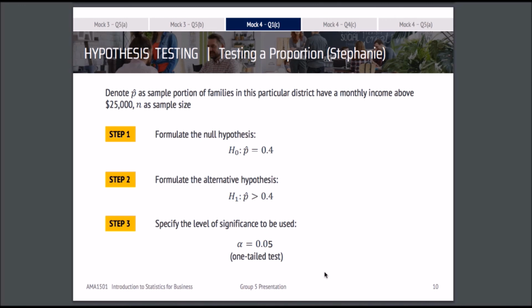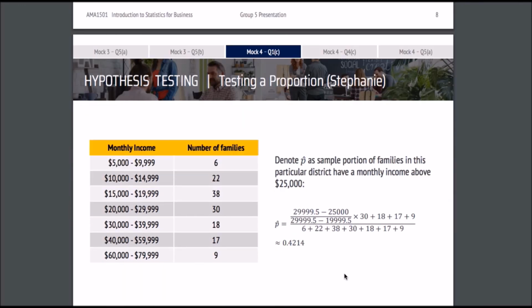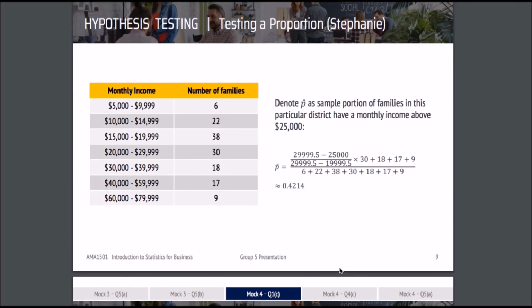Next we are going to find out the proportion of the random sample, that is, how many families have a monthly income of $25,000 or above. Since we mentioned just now that the monthly income classes do not end and start at the same point, we are going to use the class boundaries. The numbers here are the class boundaries, so we will subtract $25,000 from the class boundary.